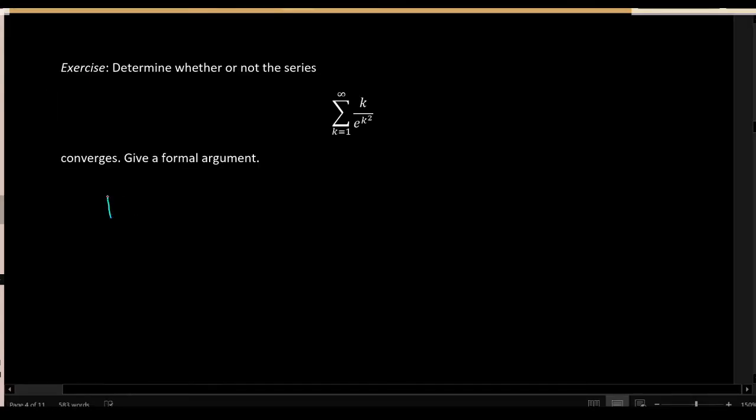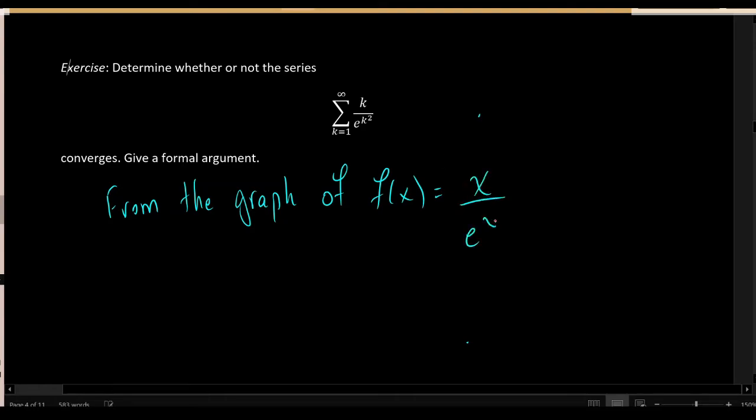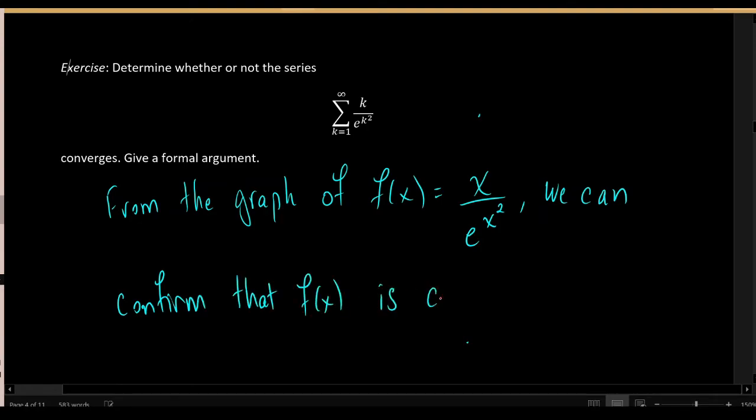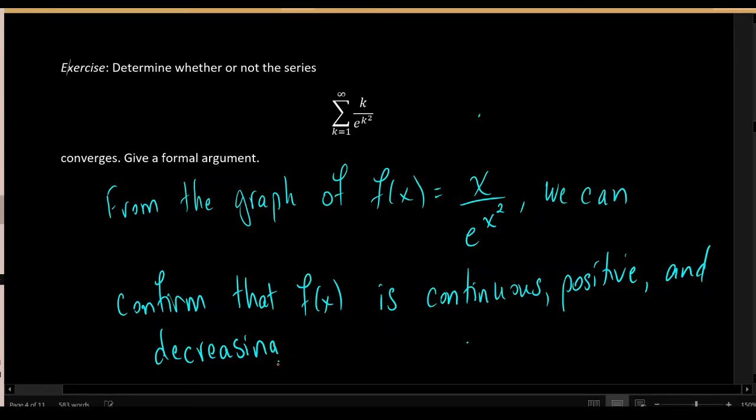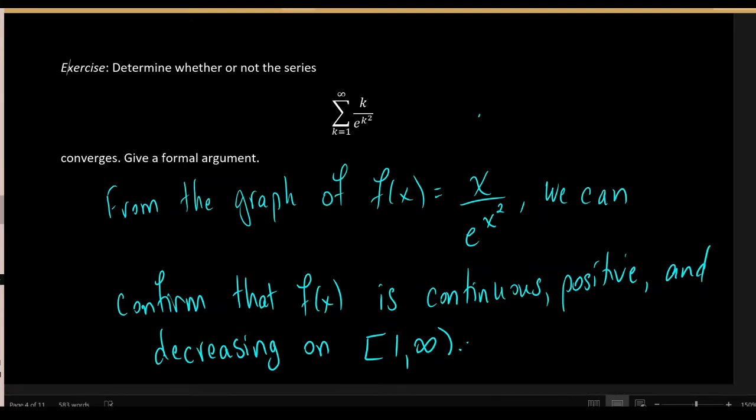So from the graph of the function, whose formula is given by x divided by e to the x squared, we can confirm that this function is continuous, positive, and decreasing on the interval where x goes from 1 all the way off to positive infinity.